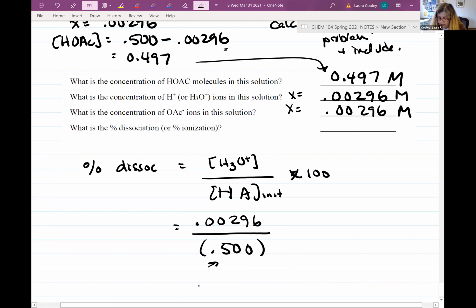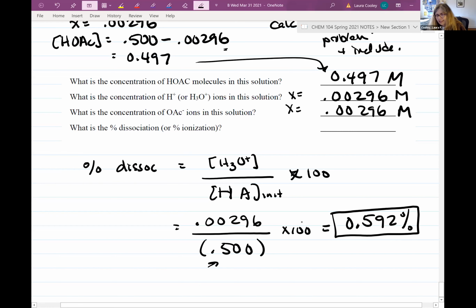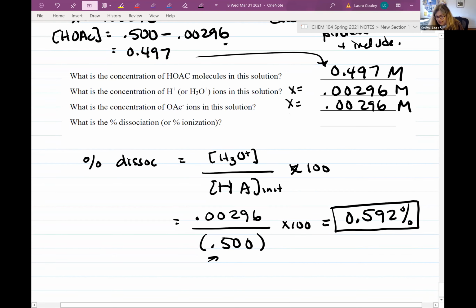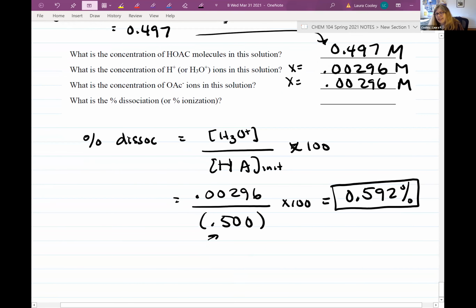That's the initial, not the 0.497. And that comes out to, look at this. Man, that's such a small percentage that you might think, oh man, how is this thing acting as an acid? But it's enough to make it an acid, all right? It does produce H3O plus, just not a ton of it, okay?